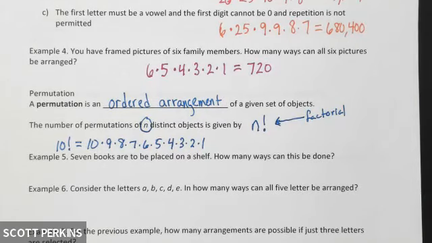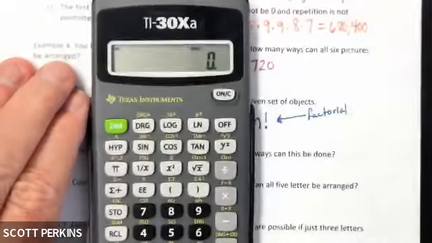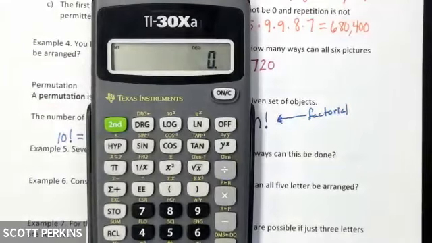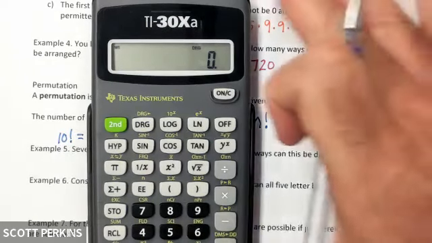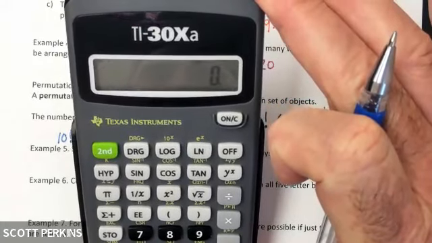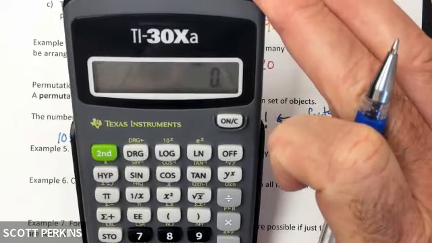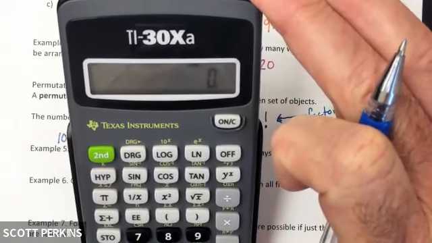I don't expect you to do all that multiplying by hand if you have a scientific calculator, because it will have the ability to do a factorial. On the calculator I'm using, where is the factorial button? It's hard for me to see because I'm not wearing my glasses.